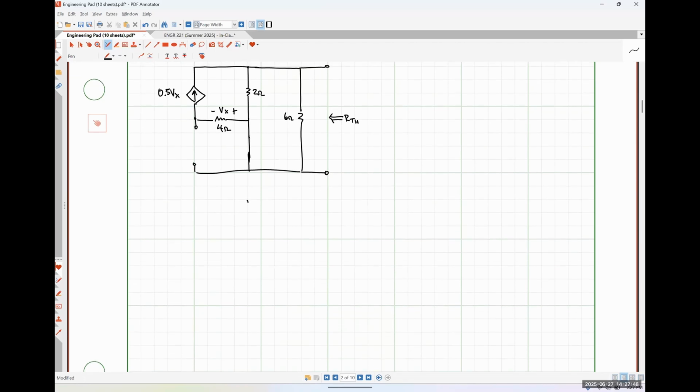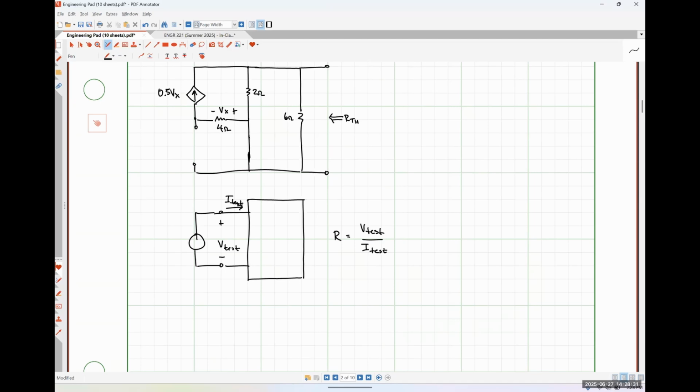We said that if we had a linear network where we didn't really know or care what was inside of it, but it was a 2-terminal network like so, and we excited this network with some sort of DC source, doesn't matter if it's a voltage source or a current source. If we measured the voltage drop across the terminals, I'm going to call this V test, and we measured the current flowing into the terminals, I'm going to call this I test, then the resistance of the network was simply the ratio of V test over I test.